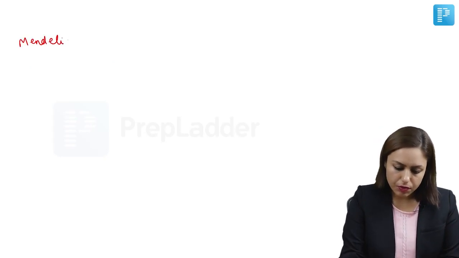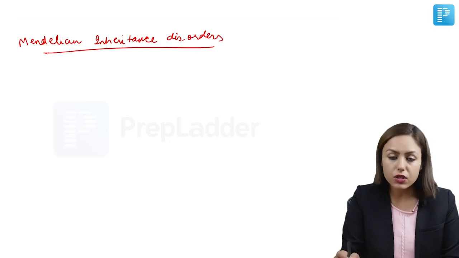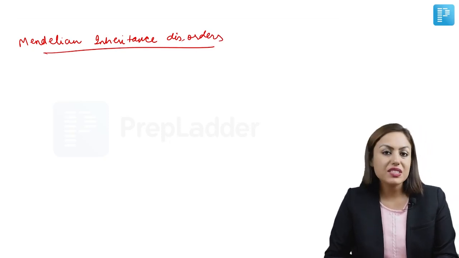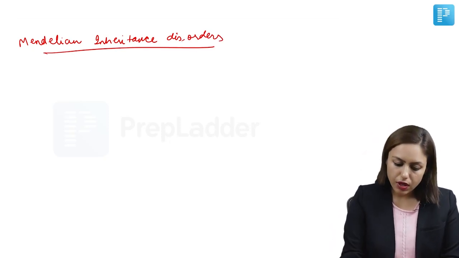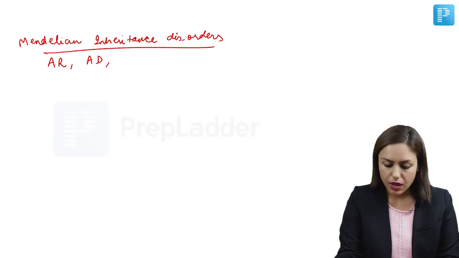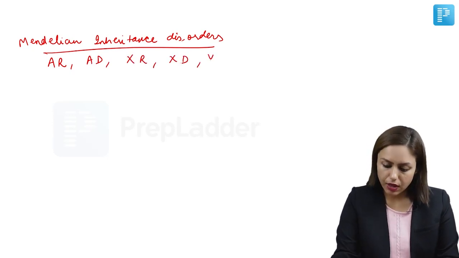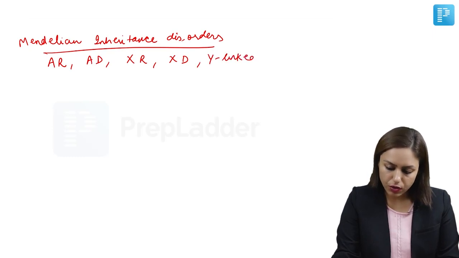So Mendelian inheritance disorders, these are single gene disorders. There is defect in single gene. Okay, so here we all know we have autosomal recessive, autosomal dominant, X-linked recessive, X-linked dominant and Y-linked disorders.